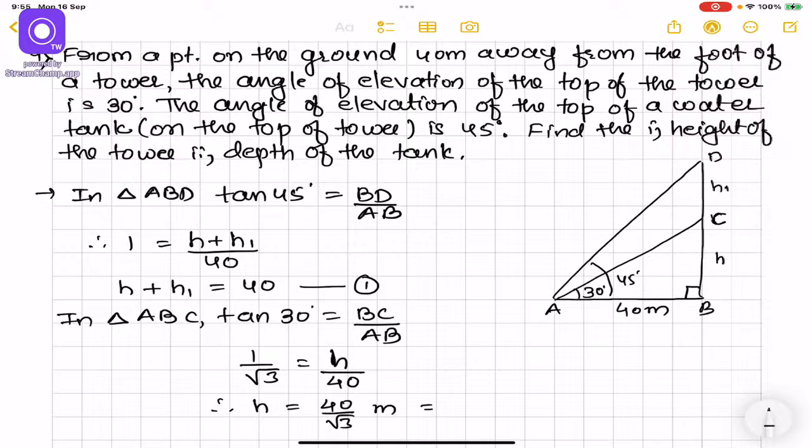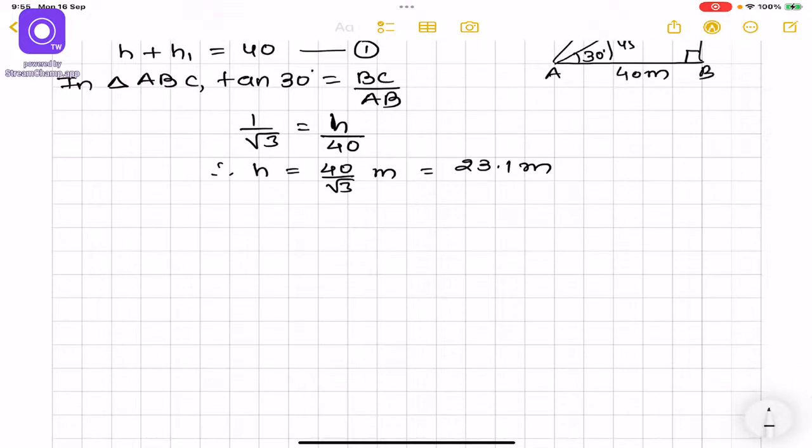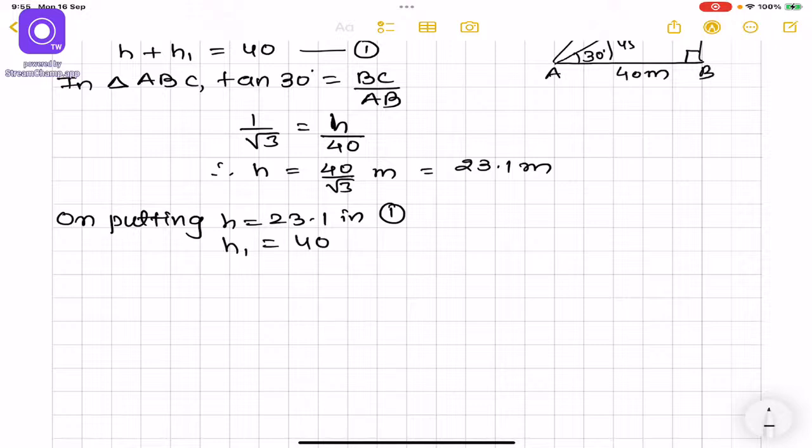If I put the value 1.73, it will come 23.1 meter. So on putting h equal to 23.1 in 1, h1 will be 40 minus 23.1. So h1 will be 16.9 meter.